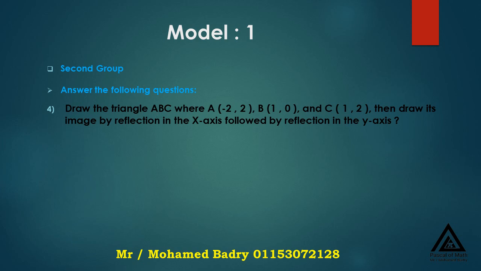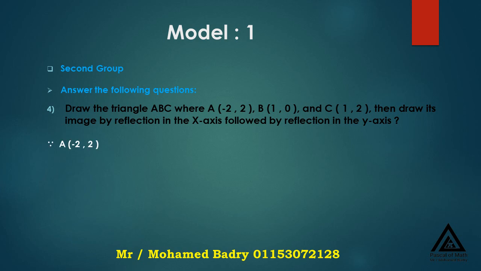Question 4. Draw the triangle ABC where A equals negative 2 and 2, B equals 1 and 0, and C equals 1 and 2. Then draw its image by reflection in the x-axis, followed by reflection in the y-axis.